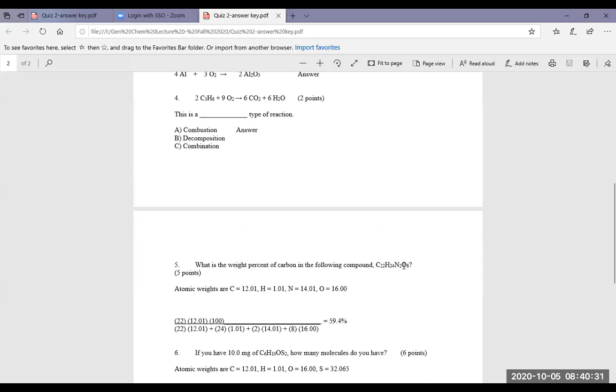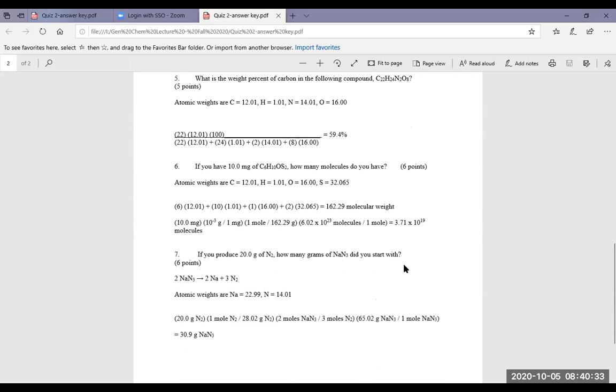Okay, now let's go to the math problems. So number 5, what's the weight percent of carbon in the following compound? You were given the atomic weights. So what you needed to do was take the atomic weight information and calculate 2 things.